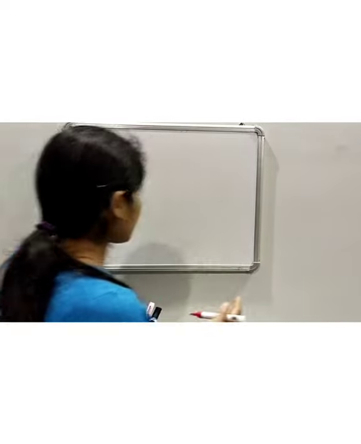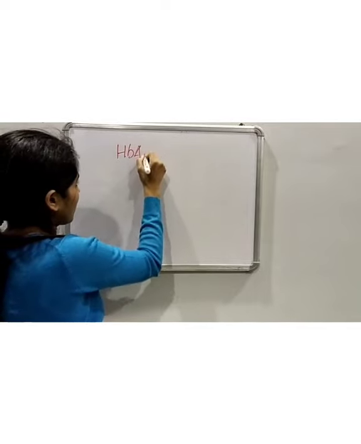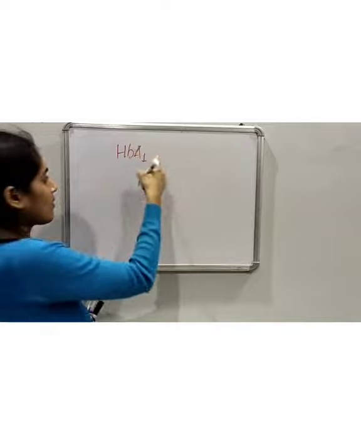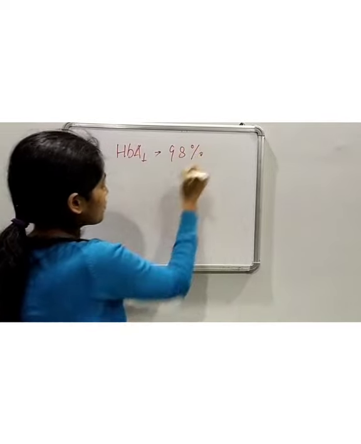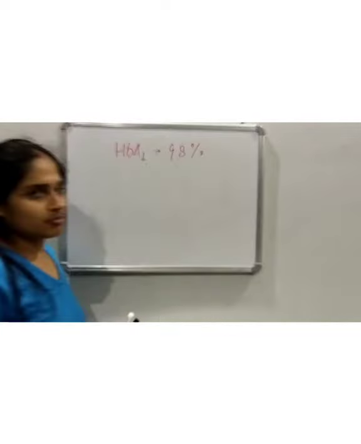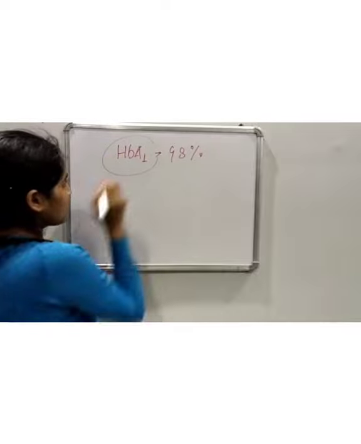In the adult human body we have HbA1, hemoglobin A1. It is the major part, 98% of the hemoglobin present in the adult human body.